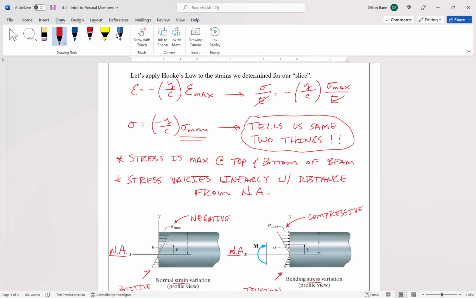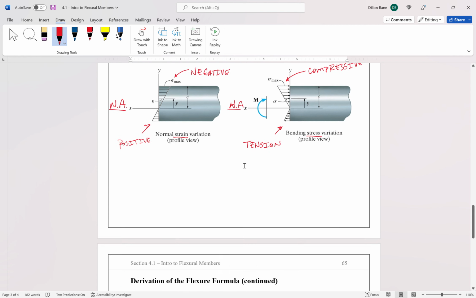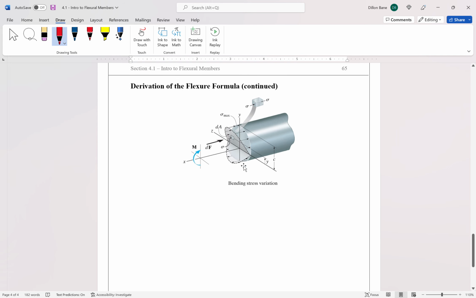We can take our beam profile and we can calculate y and c, but we don't know what sigma max is yet. So let's take a look at another free body diagram and see if we can't figure out what this sigma max variable is going to equal.